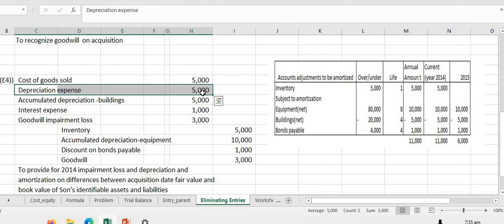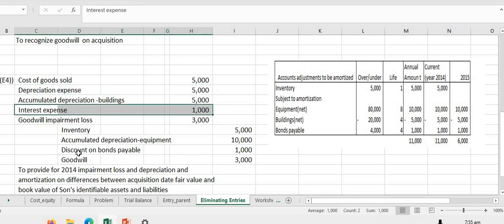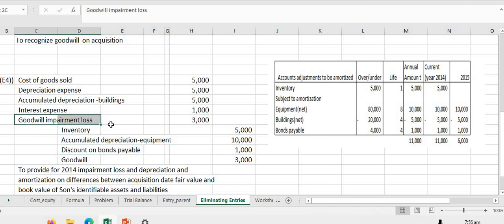And for the bonds, it is a debit to interest expense and a credit to discount on bonds payable. Then for the goodwill impairment loss, debit goodwill impairment loss of 3,000 and credit goodwill for 3,000. Okay?